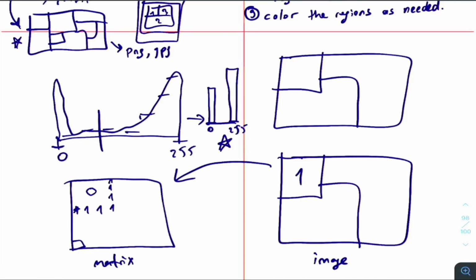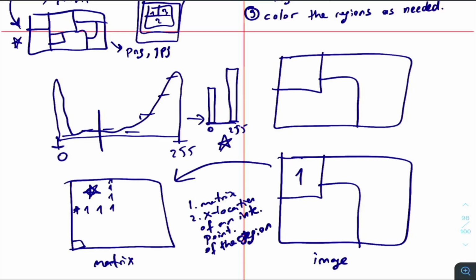You are going to give the matrix, and the x location of an interior point of the region that you are interested in, and the y location, dot dot dot.